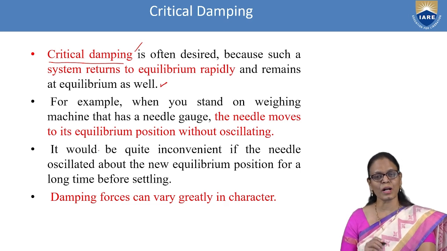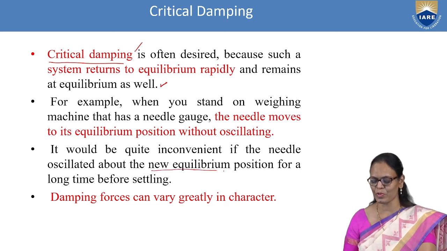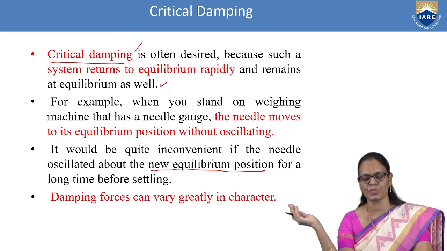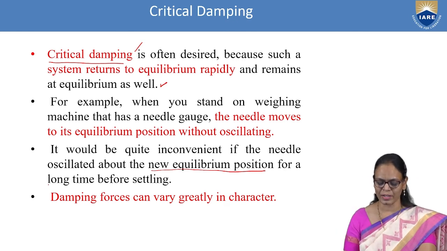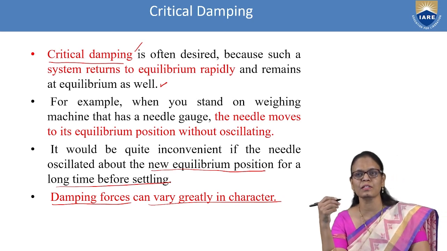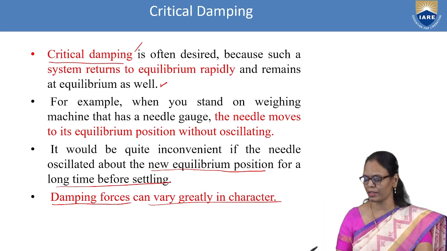It has to come to the new equilibrium position, whatever weight it has to show, and it has to come to that position as quickly as possible. And these damping forces can vary in character, depending upon the type of system we are taking.